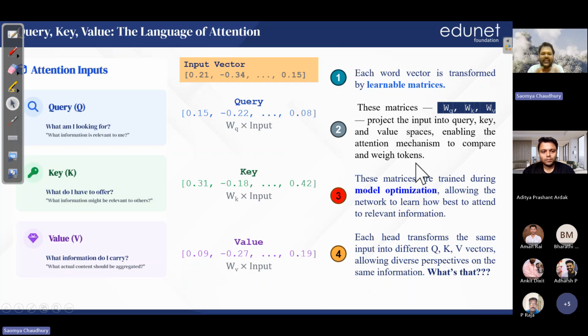These are the ones that actually do the balancing; these matrices help you shift those values up and down for a particular question.